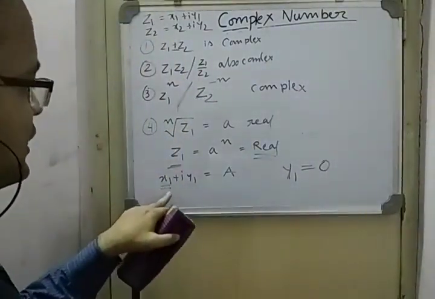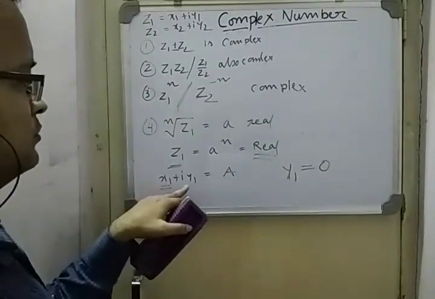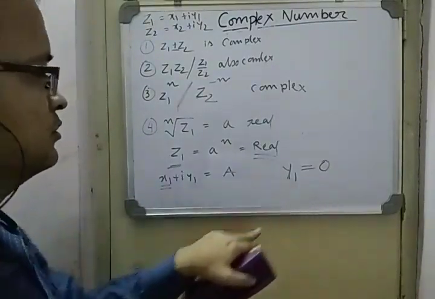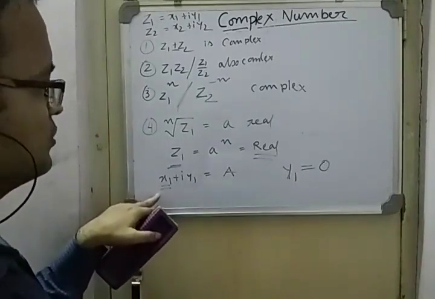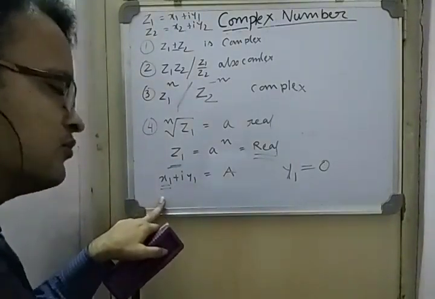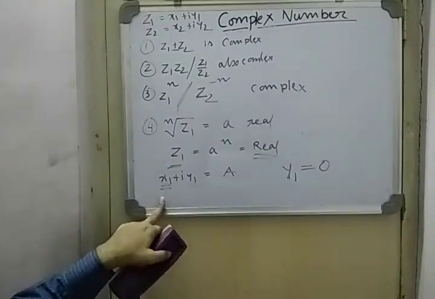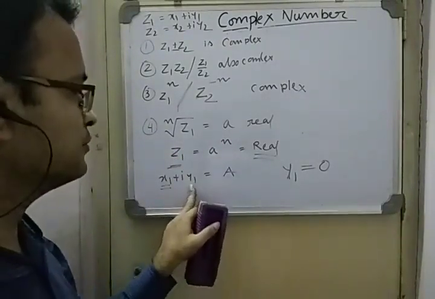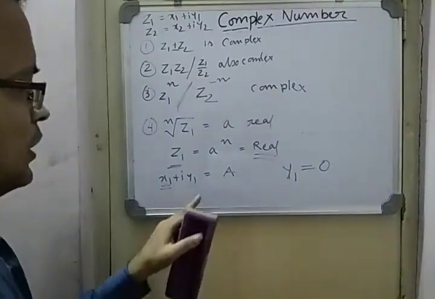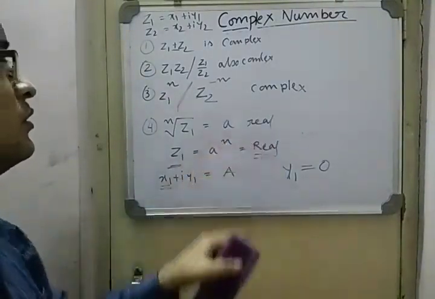So Z1 actually becomes x1 because the imaginary part vanishes, so Z1 does not remain a complex number in the x plus i y format. So it cannot be real, it is always imaginary.